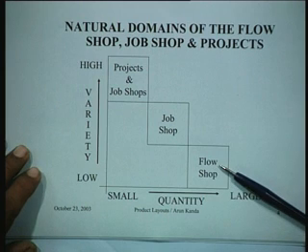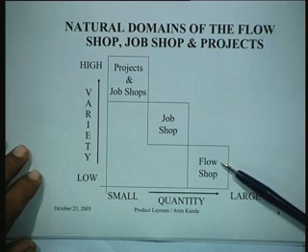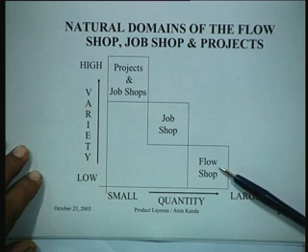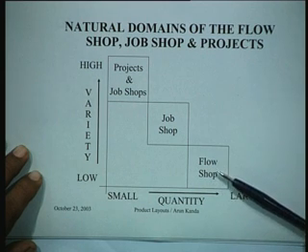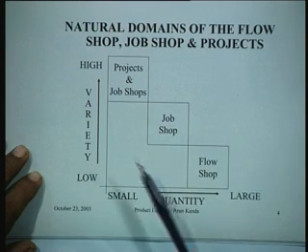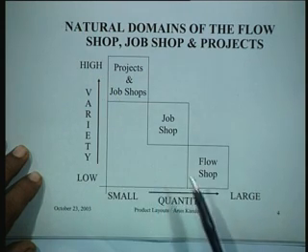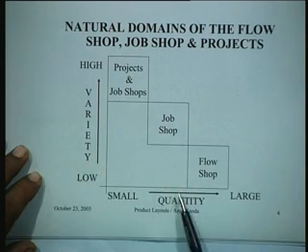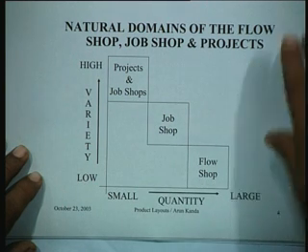So in such a case, you tend to use a layout which is generally called the product layout, or we will see how assembly lines are designed for this kind of situation. So this point ought to be kept in mind, that depending upon the natural requirements of variety and quantity, you choose the type of layout, and it could be a process layout or it could be a product layout.